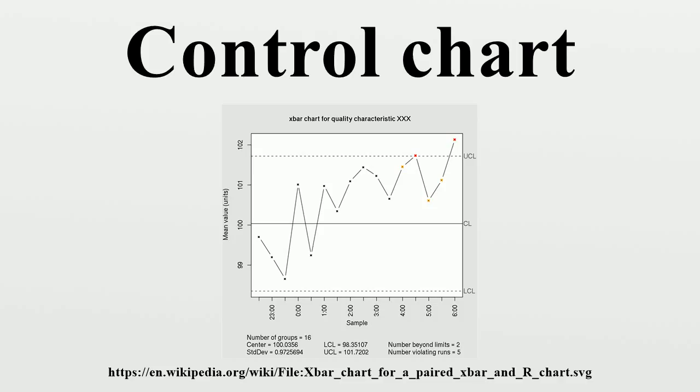It is known that even when a process is in control, there is approximately a 0.27% probability of a point exceeding 3 sigma control limits. So, even an in-control process plotted on a properly constructed control chart will eventually signal the possible presence of a special cause, even though one may not have actually occurred.